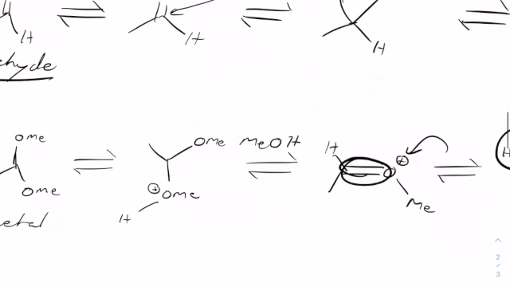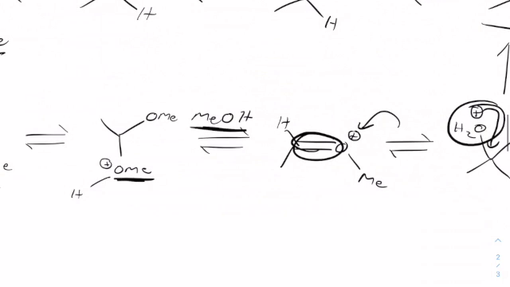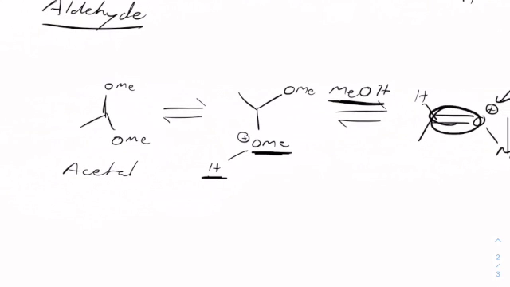Then we put it in the presence of methanol again, and that methanol is going to create another OMe group on that positively charged oxygen, and add another hydrogen, and that creates our full acetal.